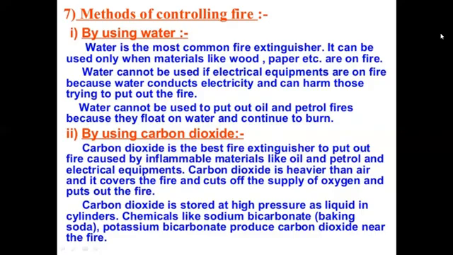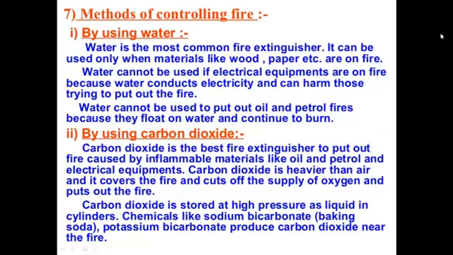When we use a fire extinguisher, it produces carbon dioxide, and carbon dioxide forms a blanket around the fuel. In this way, it cuts the supply of oxygen and soon the fire gets extinguished.